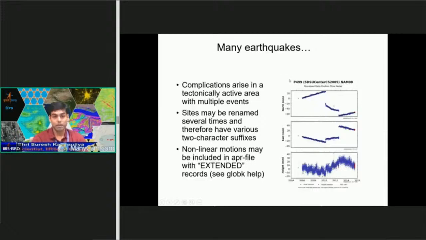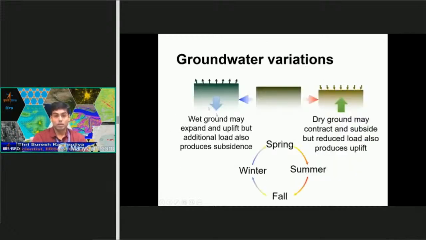component. Then earthquake. You can see earthquakes occurring at different time intervals, and they can induce and break our signals, but there is no break in the vertical component. Then groundwater variations. During the monsoon time, wet ground may expand and uplift, but the additional load creates subsidence.